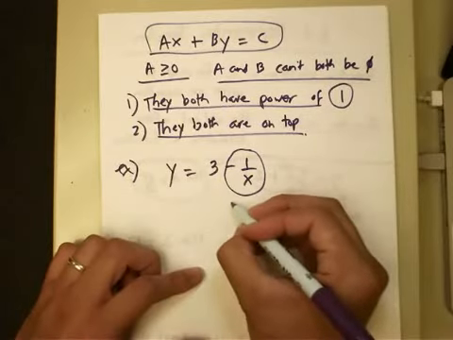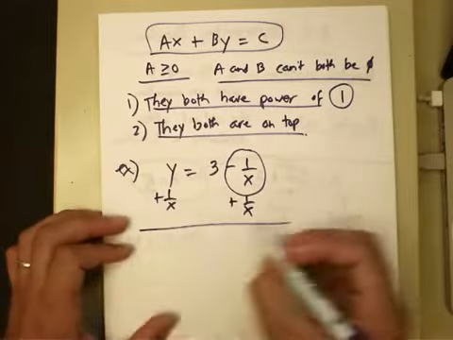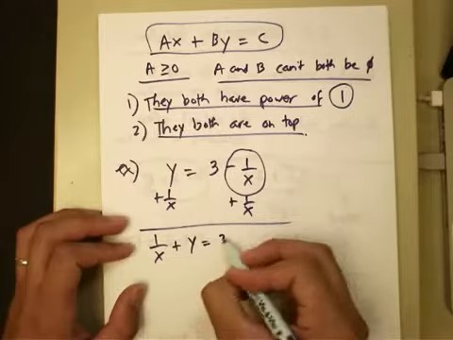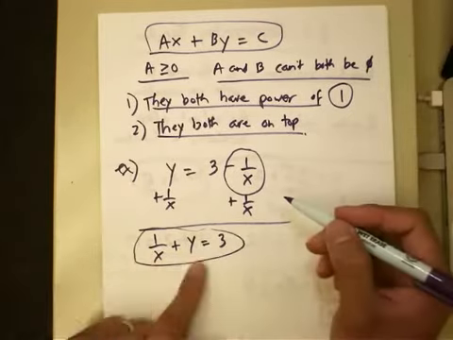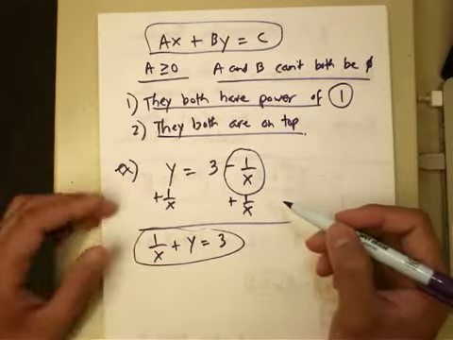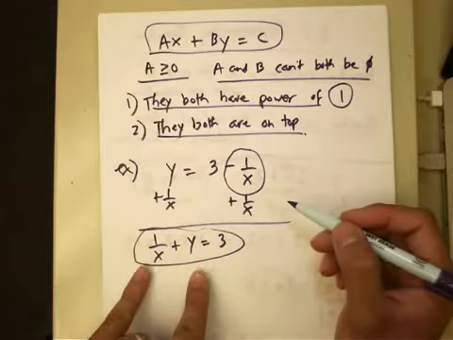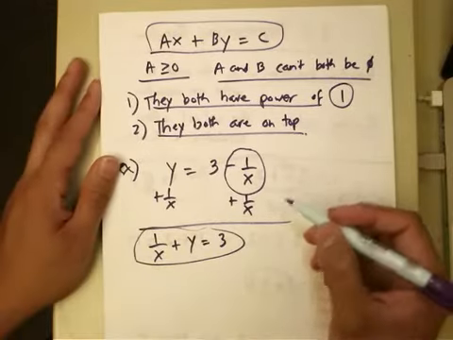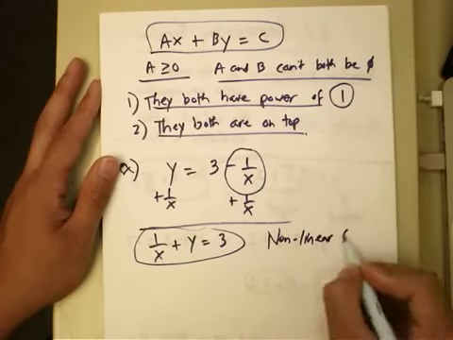So it's adding 1 over x, which means it's 1 over x plus y equals 3. If you look at this now, y is on top, however, x is not. And you can't possibly put it back on top while ensuring that it still looks like this. There's no way you're going to be able to do it. So therefore, this is nonlinear, not a linear function.